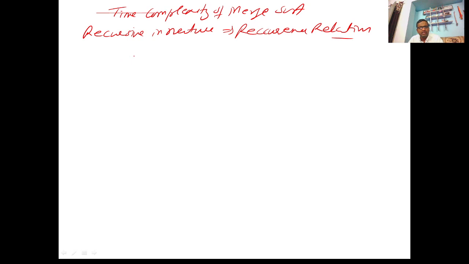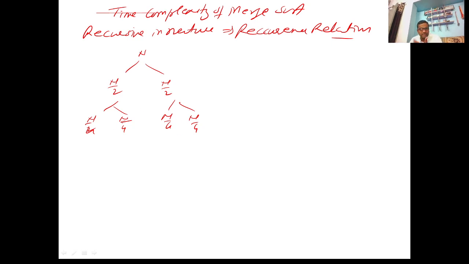We already know that the list containing n elements was divided into two lists of size n upon 2 each. N upon 2 was further divided into n upon 4 and n upon 4 size lists. Fine. This just continued till the lists contain single elements, one element each.